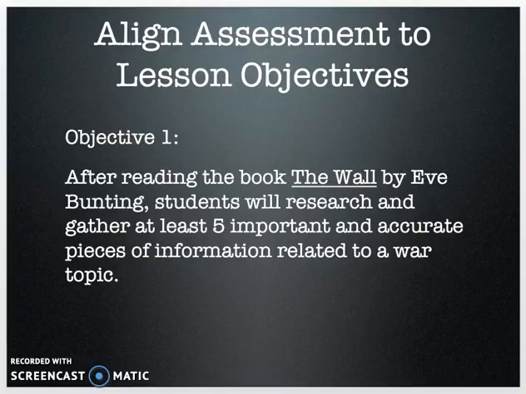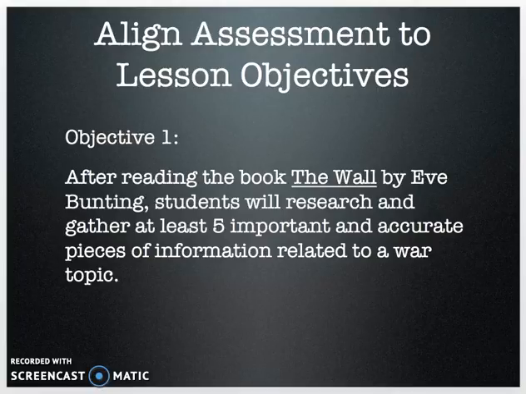Let's say, for example, that for this digital story, this is an example of an objective that was written. After reading the book The Wall by Eve Bunting, students will research and gather at least 5 important and accurate pieces of information related to a war topic.